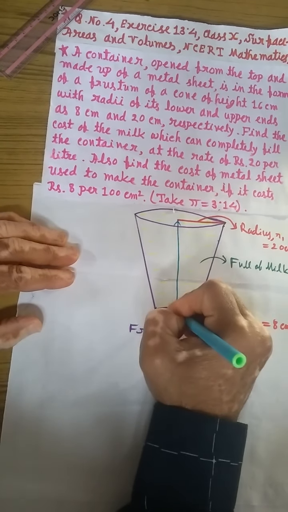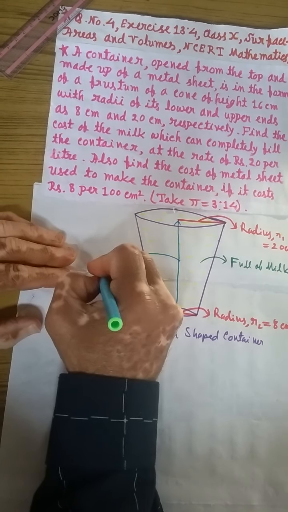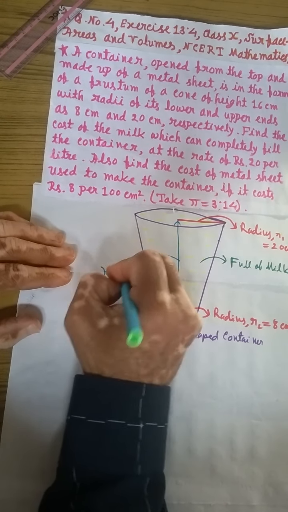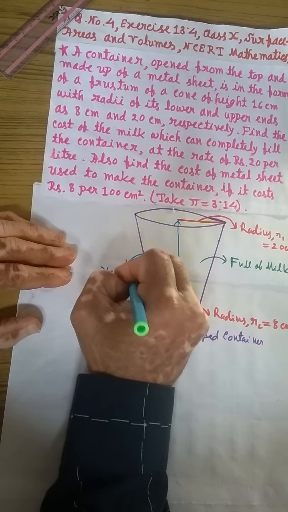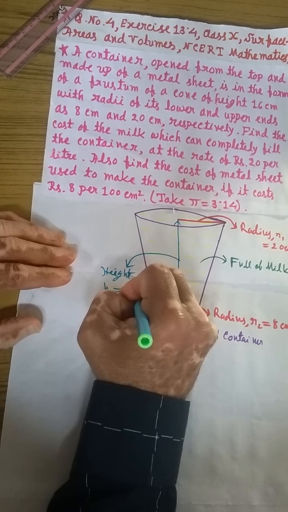This one is the height, that means the perpendicular height of the container, H, the measure of which according to the question is 16 centimeters.